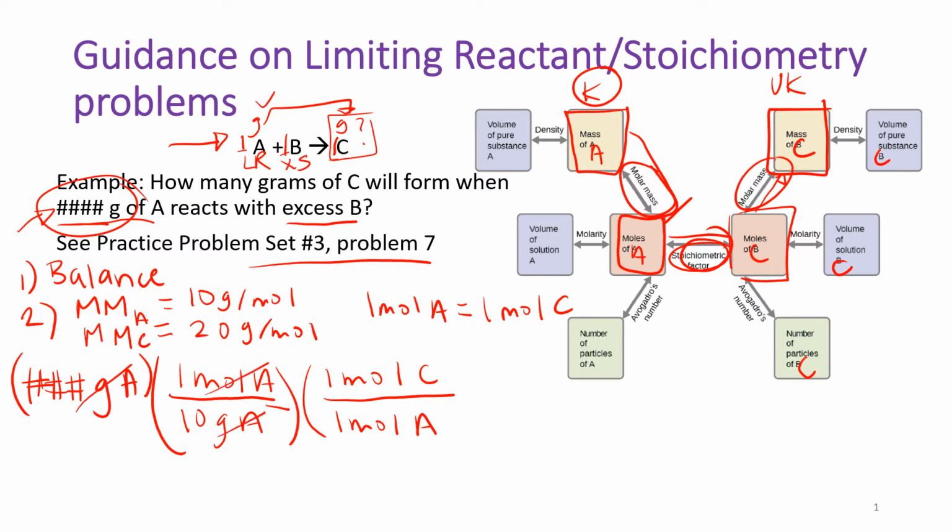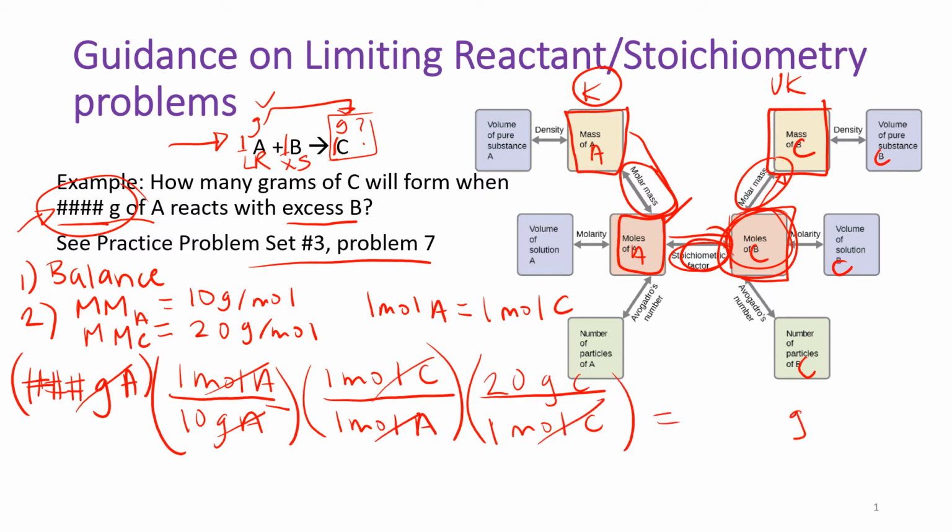Grams, yes, moles of A. So now we are at moles of C right here, which is good. We're one step closer. And then finally, we just set up our molar mass of C, which is 1 mole C, 20 grams C. This cancels out. You end up getting grams C as your answer.